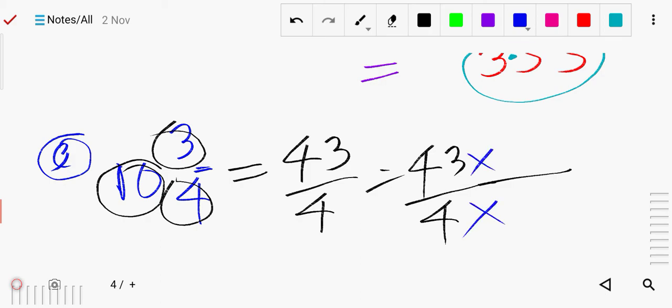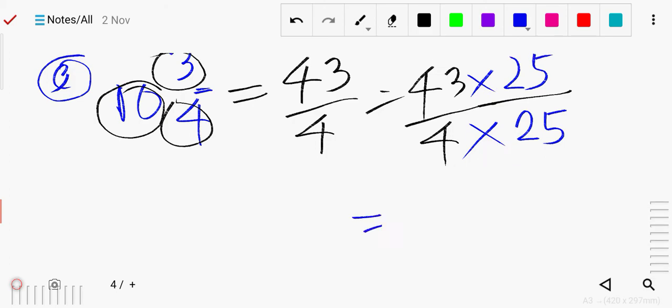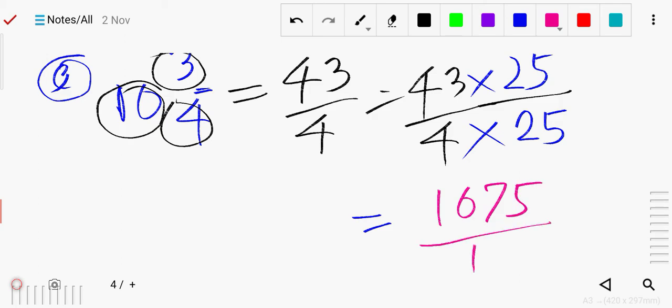If you think, can you get 10 by multiplying 4 by anything? No. So it's better to use 100; you can divide 100 by 4, 25 times. So multiply by 25. When you multiply 43 into 25, you will get 1075, and here will be 100.